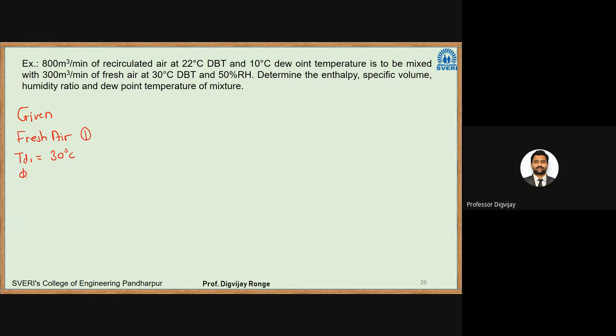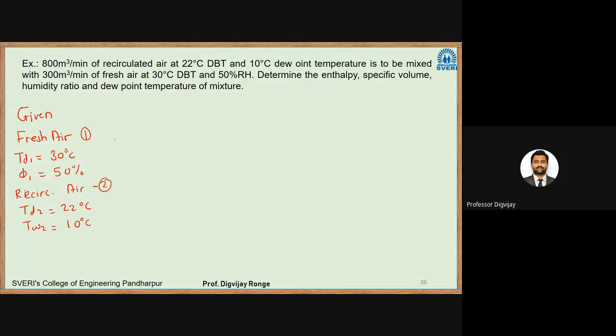Then we have phi 1, which is 50%. Okay. We have return air or recirculated air. Let us denote that as point 2. So in that case, TD2, here it is 22 degrees Celsius. And then we have a TW2, which is 10 degrees Celsius.